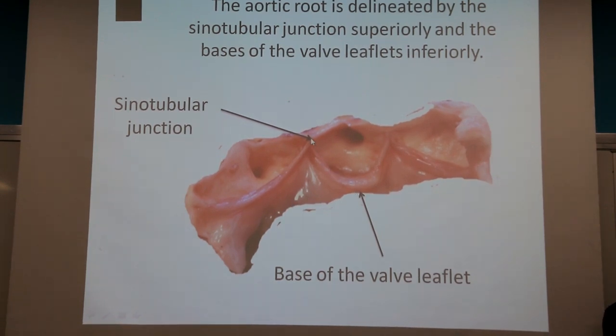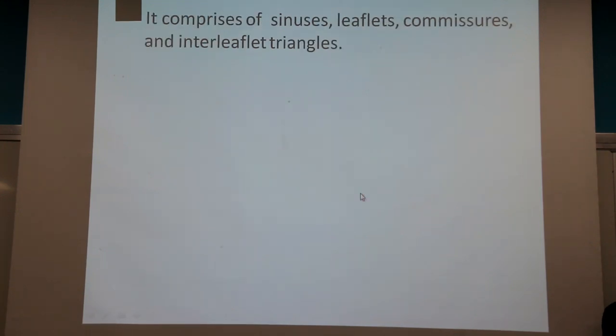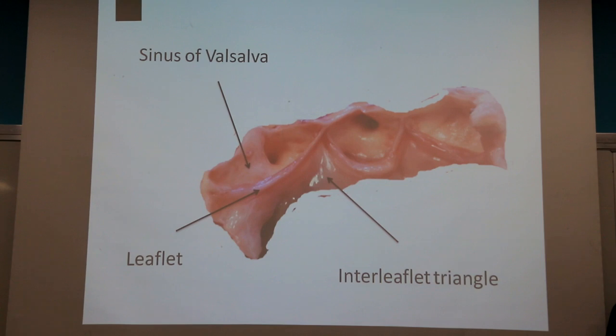So it is delineated by the sinotubular junction above and below it is the base of the leaflet. The aortic root is composed of sinuses, leaflets, commissures, and interleaflet triangles. So let's see what structures we've got here.